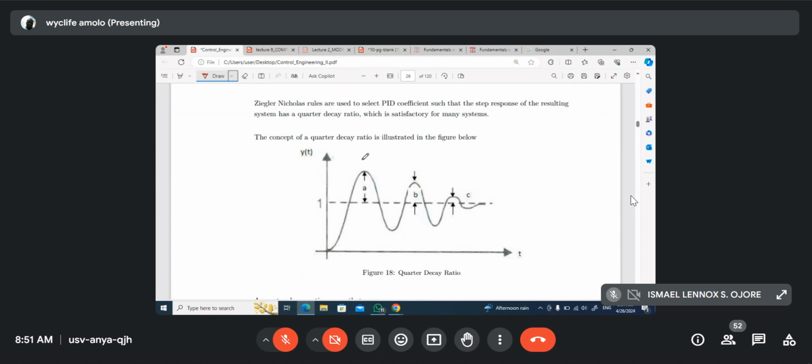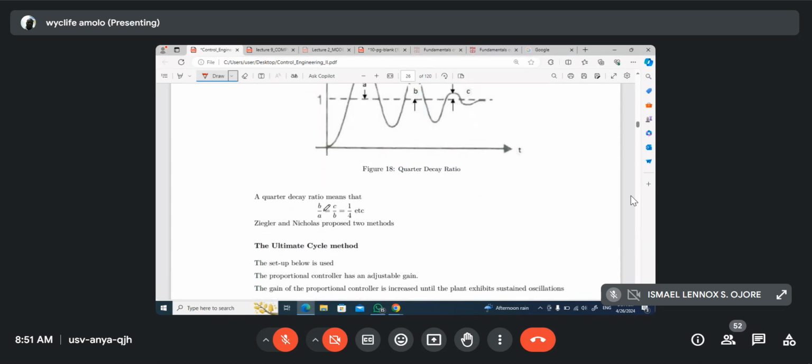So there are Ziegler-Nichols rules for selecting a PID coefficient using this kind of formula. B over A is equal to C over D. B is equal to 1/4, 1/4. Ziegler-Nichols proposed this method.